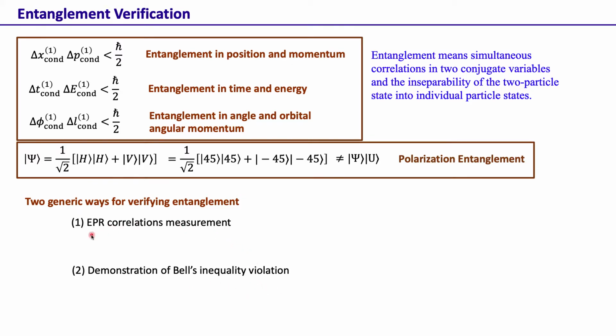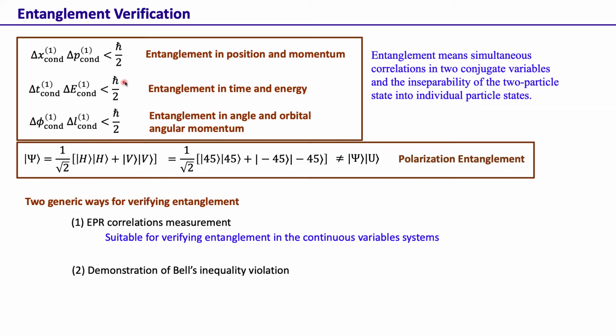Now this EPR correlation is suitable for verifying entanglement in the continuous variable system, because for a continuous variable system we can construct this conditional Heisenberg uncertainty. So for position momentum, time energy, angle and OAM, the EPR correlation measurement or the conditional Heisenberg uncertainty measurement is quite suitable for verifying entanglement.